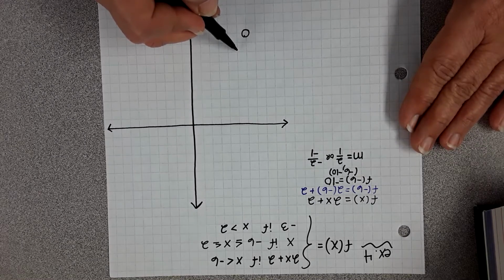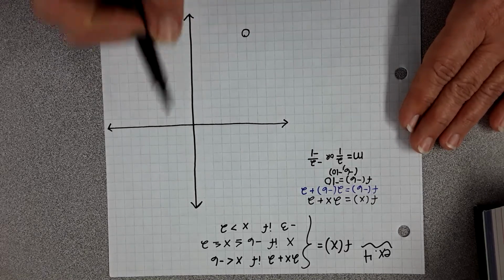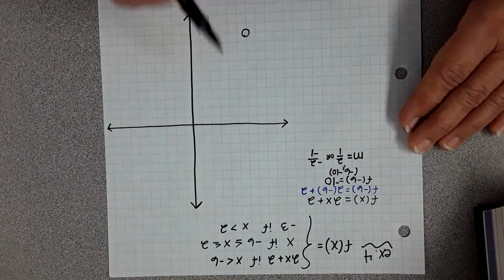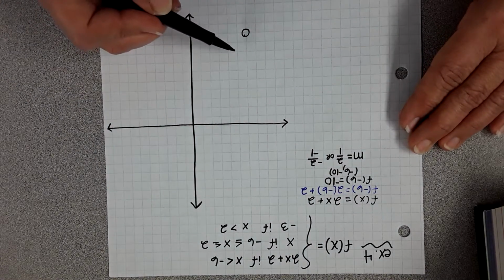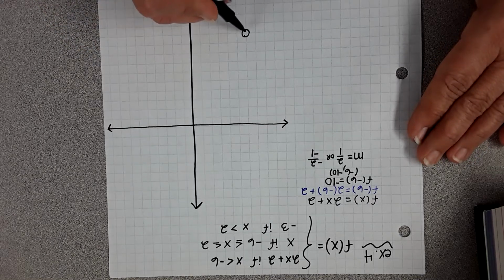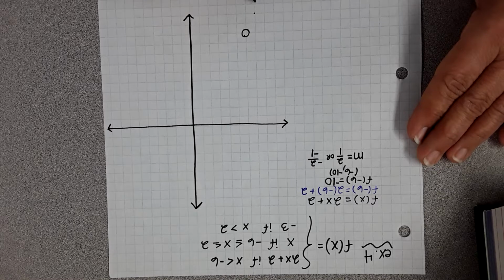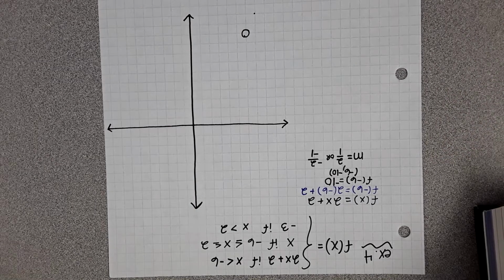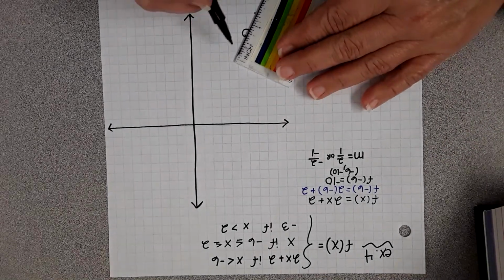Is -5 less than or greater than -6? I want numbers that are less, so I'm going to do the opposite. Instead of going up 2 to the right 1, I'm going to go down 2 to the left 1. My piece of line is not that big, but there we go.